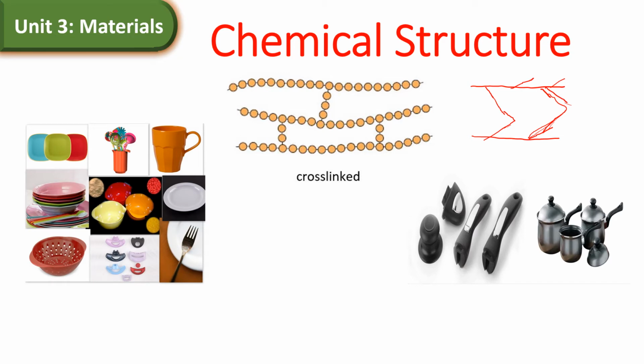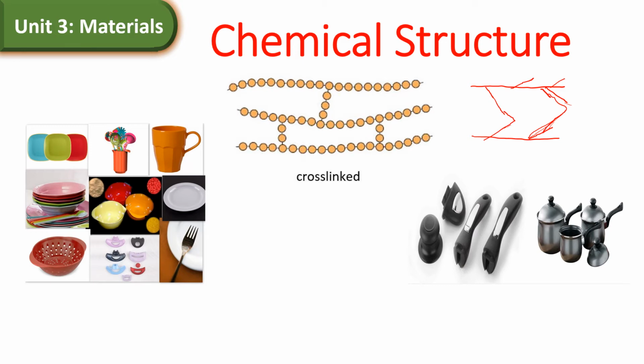In your cross-link polymer, there is a long chain of your branched polymer, wherein the good thing about this kind of polymer is that they are strong and highly resistant to heat, so they don't melt easily. So you can use them to cook your food, okay?